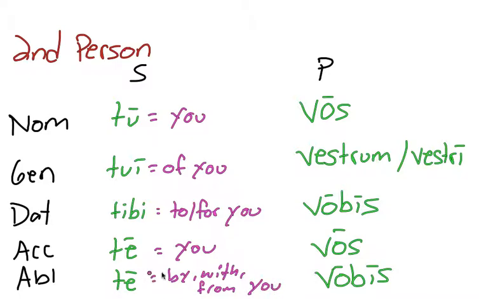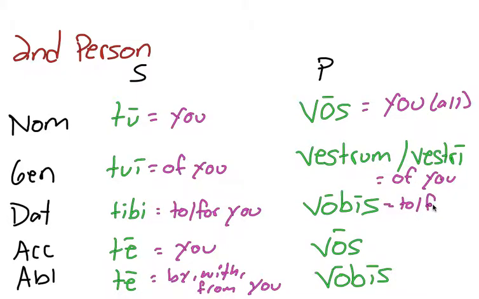Usually that'll be with a preposition. Okay, vos, you all. Of course, this all is understood in the plural. Vestrum would be of you. Vobis, to or for you, vos, you as a direct object, and vobis by, with, or from you.